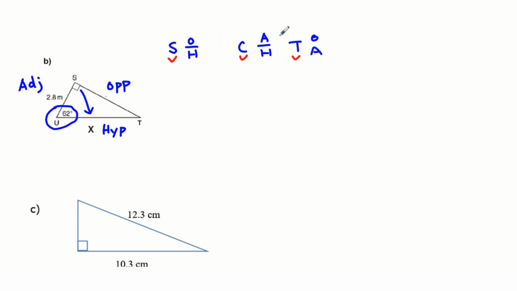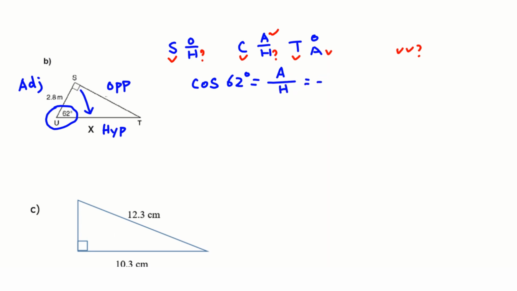Because the angle is given, all the sine, cosine, tangent of 62 are given. Then the adjacent side is given, and we want to find the hypotenuse. Then we see which ratio has two given, one unknown. It's the second one again, so this one will be cosine. So it's cosine 62 degrees equals adjacent over hypotenuse.